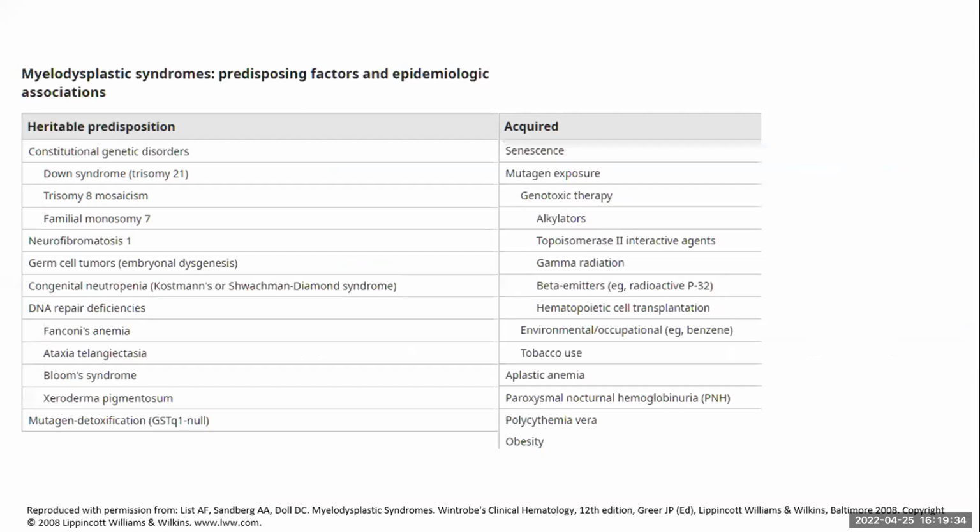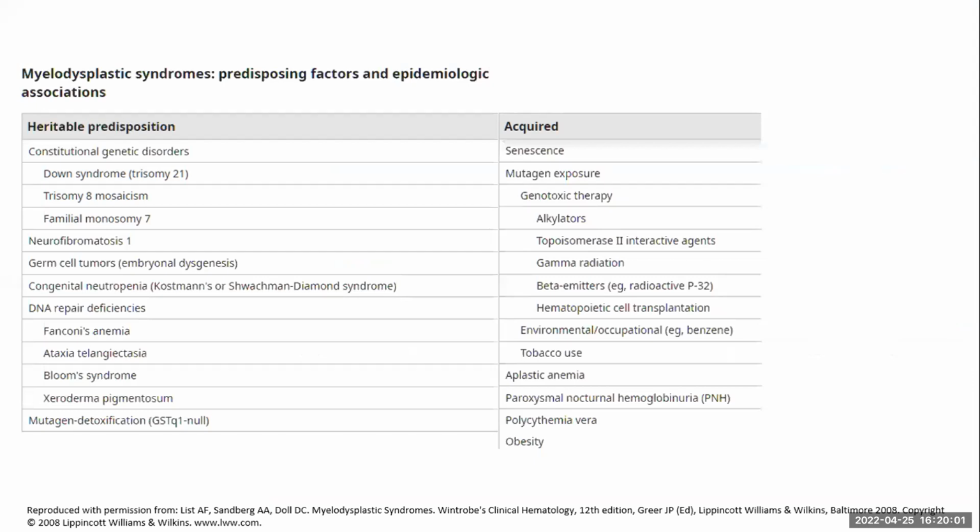This table here just shows some predisposing factors that are divided into heritable and acquired. And under the heritable, probably things to note include your Down syndrome, things like Fanconi anemia and Bloom syndrome. And then when you move to the acquired factors there, obviously mutagen exposure in the form of chemotoxic agents like alkylators, topoisomerase 2 inhibitors.